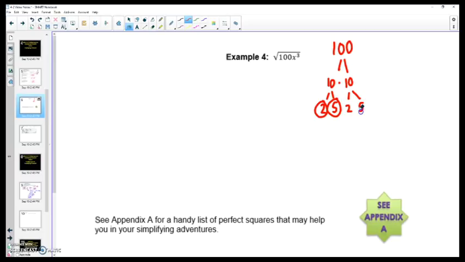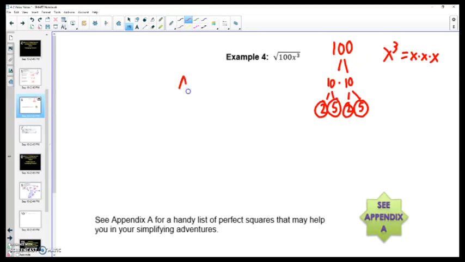And we're going to end up with the same thing on the other side, where we're going to break it down into a 2 and a 5. Now, we have the x cubed term to deal with as well. If you think about what an exponent means, it means we're multiplying that times itself that many times. So in this case, we're multiplying x times itself 3 times. So x cubed is the same thing as x times x times x.